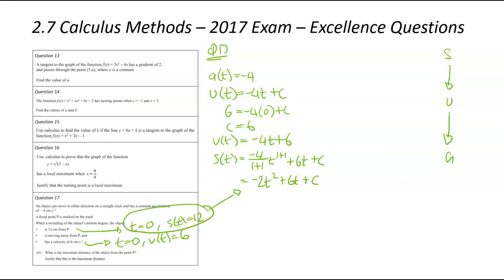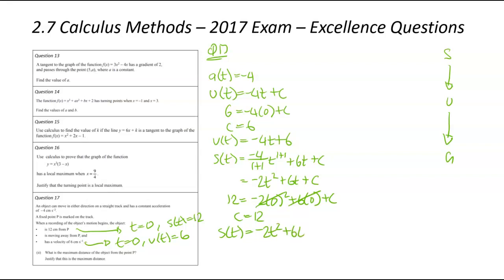So I know that when time is 0, s is 12. So 12 is going to be equal to -2 times 0 squared plus 6 times 0 plus c. All the zeros become 0, so c is equal to 12, which means our final equation for displacement is going to be -2t squared plus 6t plus 12.